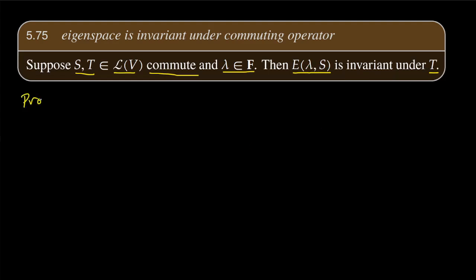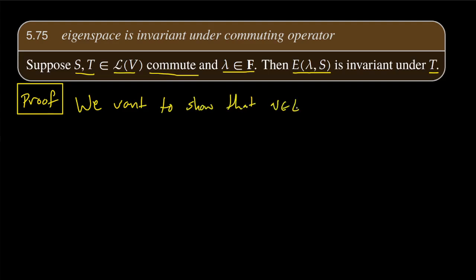So let's prove this. What we have to do here is show that v in E(lambda, S) implies Tv in E(lambda, S).